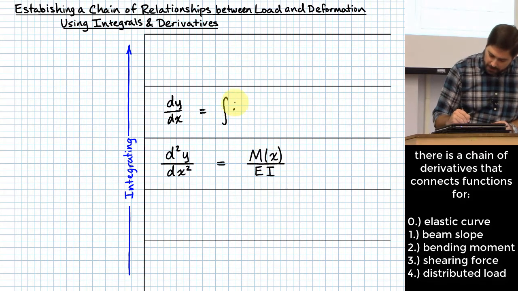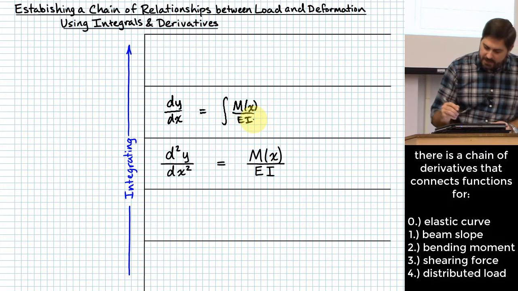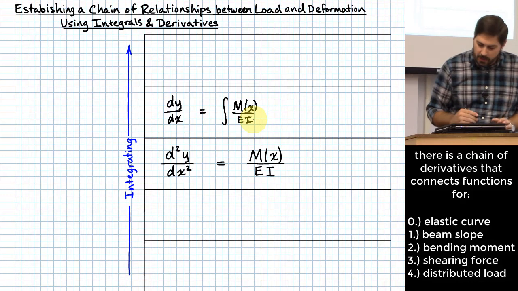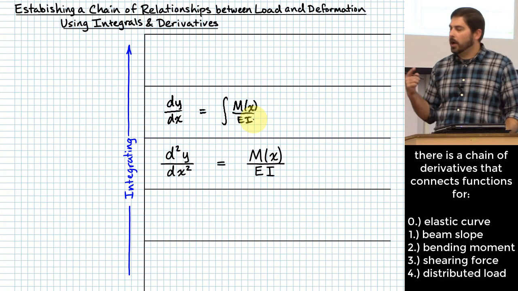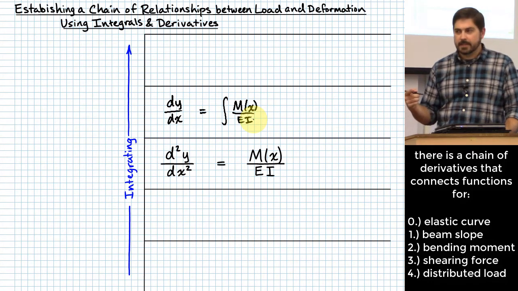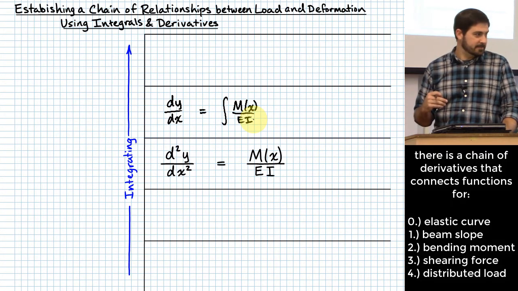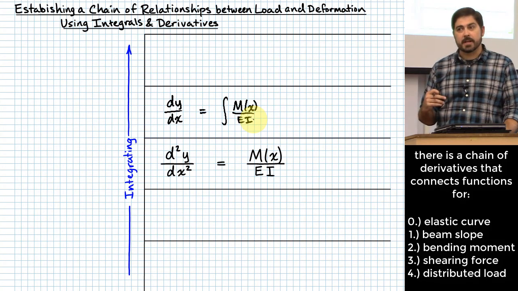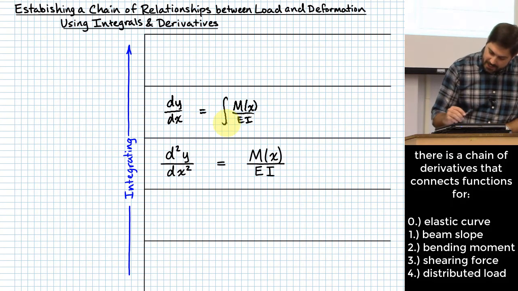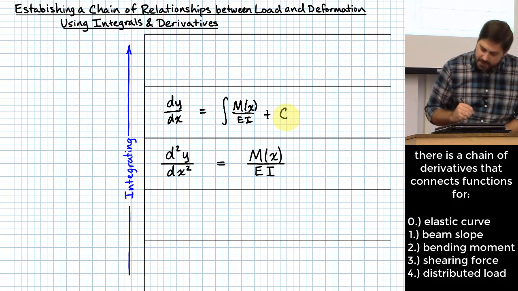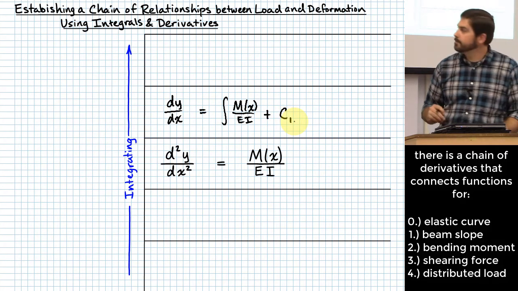But I do want to point out one thing, and I'll do this explicitly instead of implicitly. When you take an antiderivative, what do you have to add? If there's one thing your calculus teacher probably drove home, it's the plus C, right? We need it here too, and it really matters. So you take this antiderivative and you add a constant value, and I'm going to call that C1.